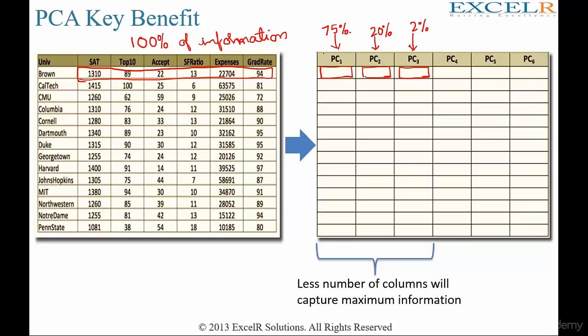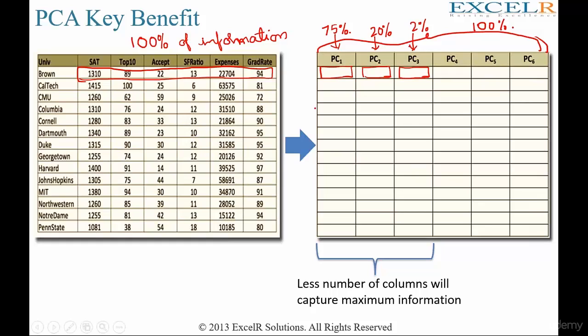But when you look into all of these principal components put together, it would capture once again 100% of information. But we would never use all the principal components, because the moment you use all the principal components, it is as good as using your original data set.